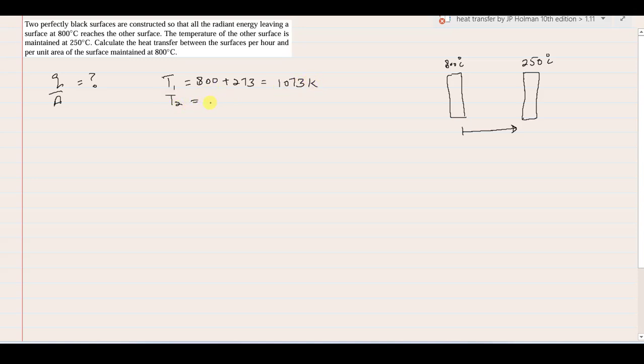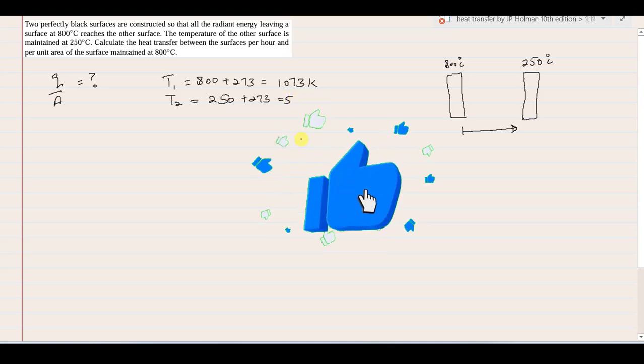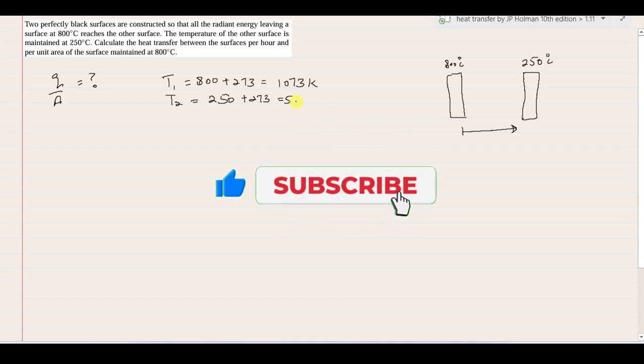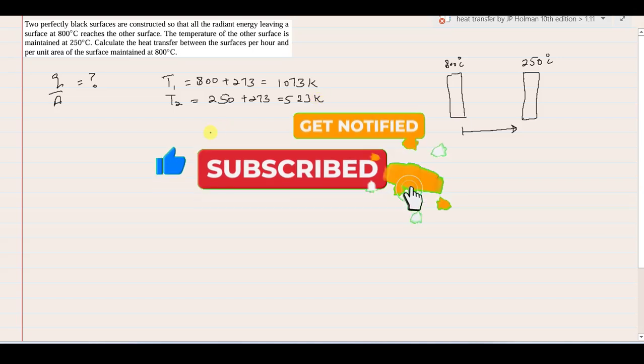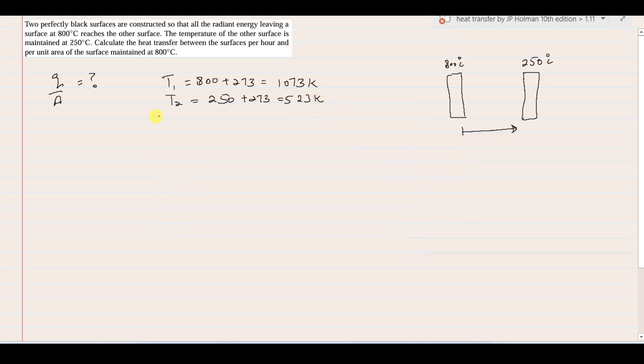T2, that is 250 centigrade, add 273 to it, and it will convert into 523 Kelvin. So what is the Stefan-Boltzmann constant? That is equal to 5.669 multiplied by 10 to the power minus 8.